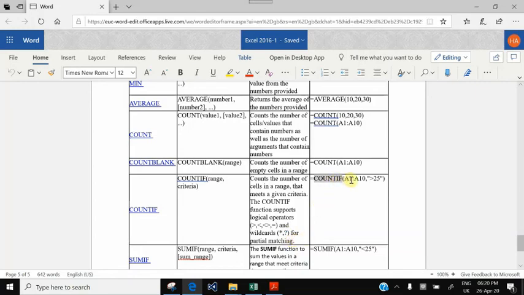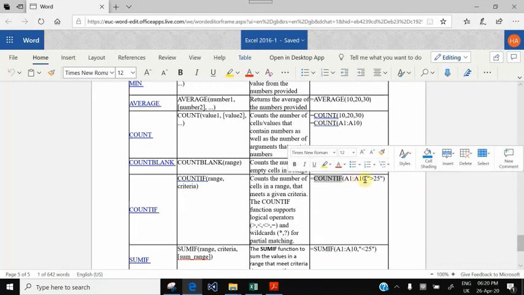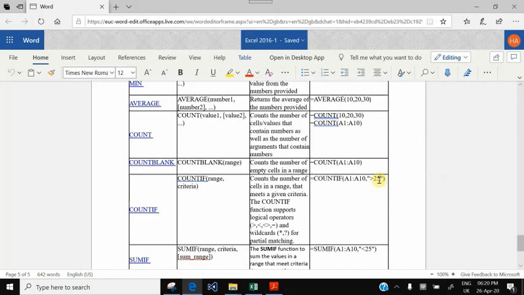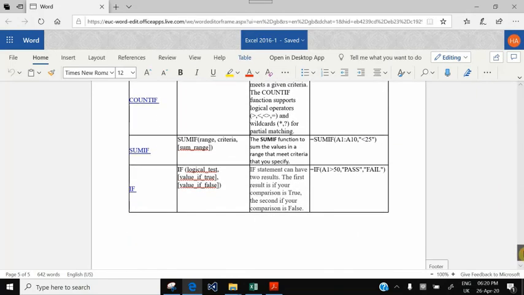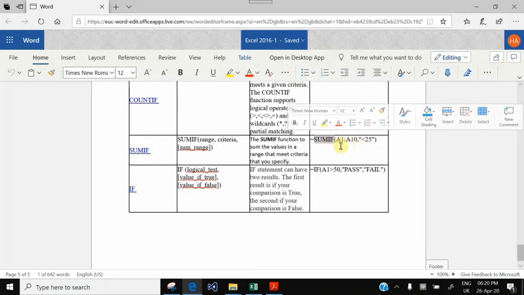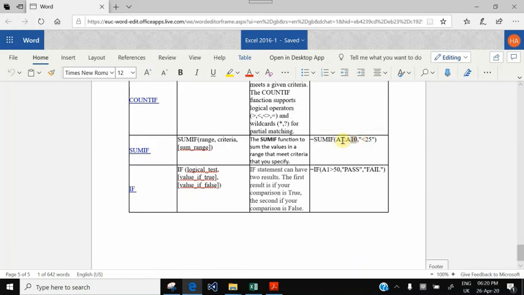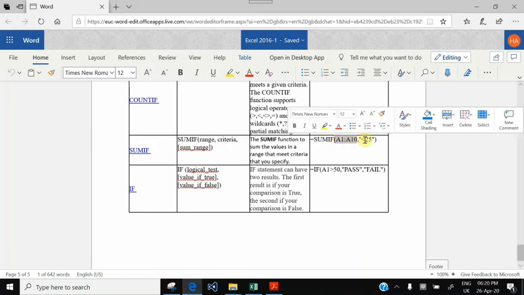So count if A1 up to A10 where it is greater than 25. Sum if takes a range, criteria, and sum range. It sums the values in the range that meet the specified criteria, like sum if, collect all of these numbers where numbers are greater than 25.